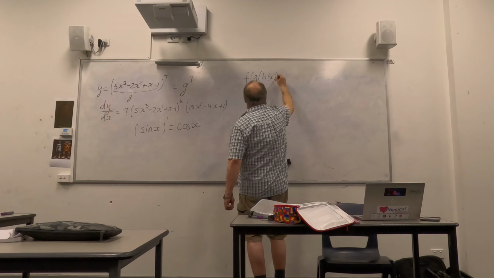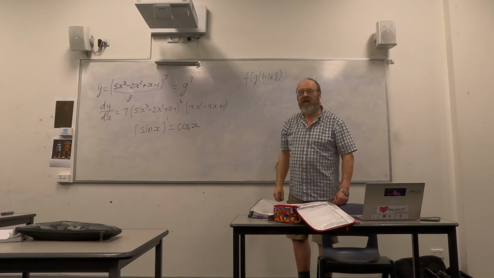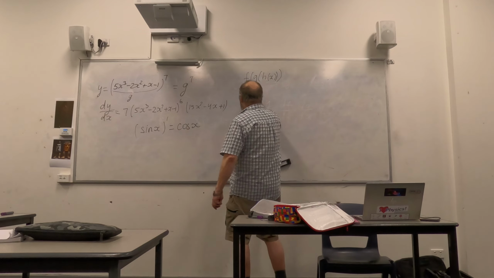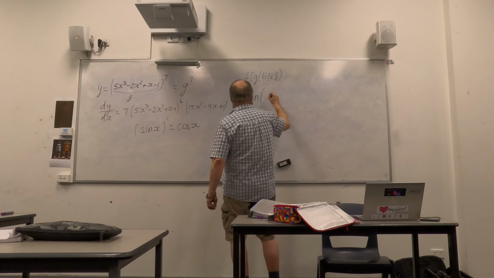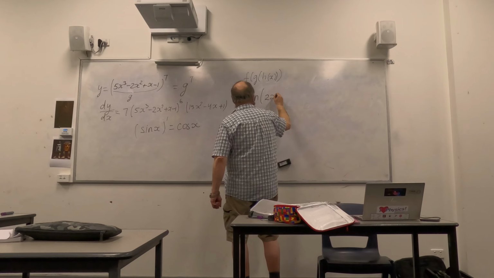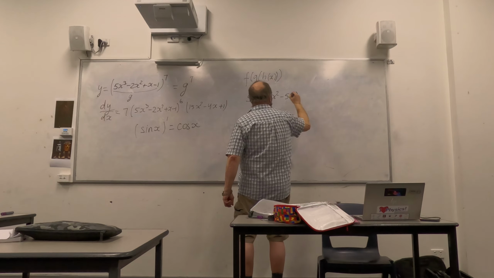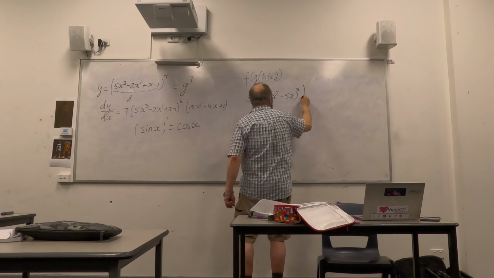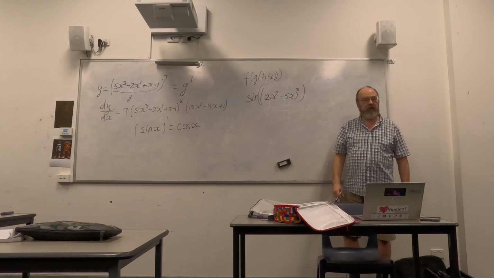That's so easy. For example, find the derivative of sine of 2x squared minus 5x, all in the power of 3. So we have three functions here.